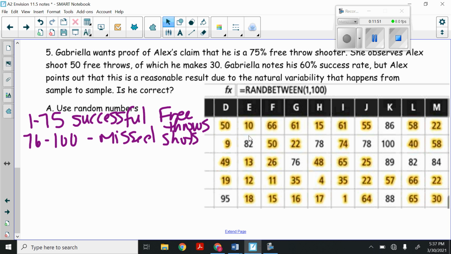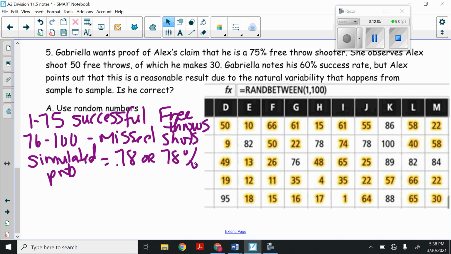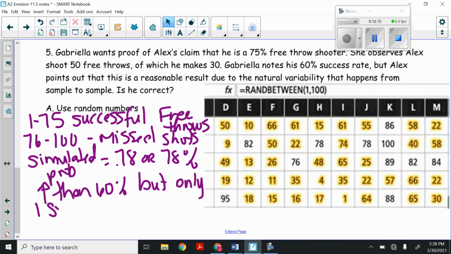So with all of this data, the simulated probability was 0.78 or 78%. This is higher than her 60% that she got, but this is only one simulation.